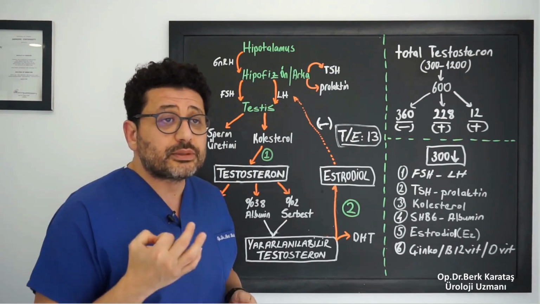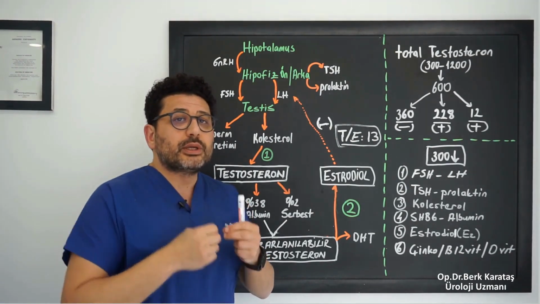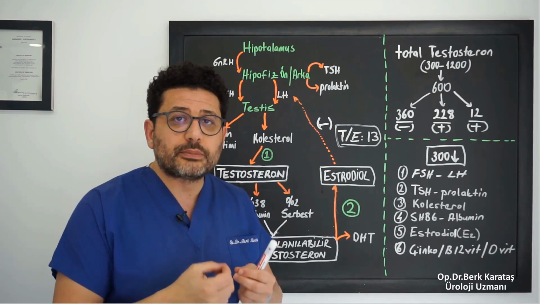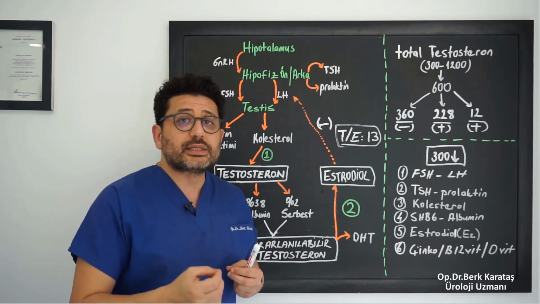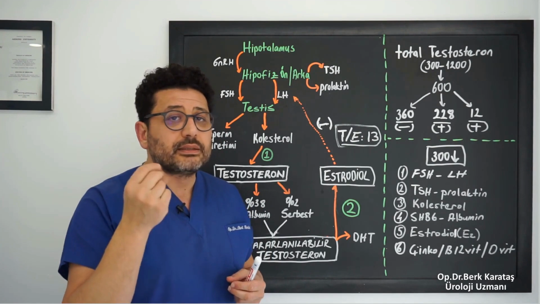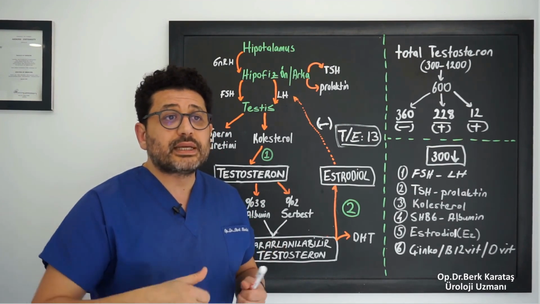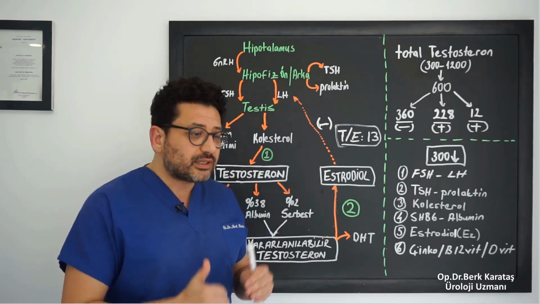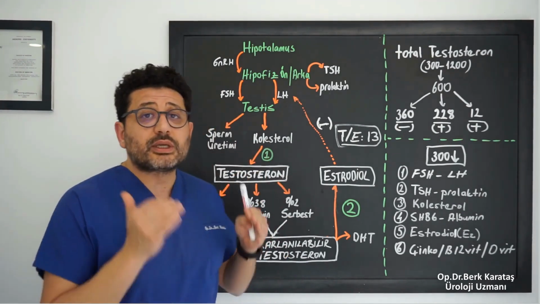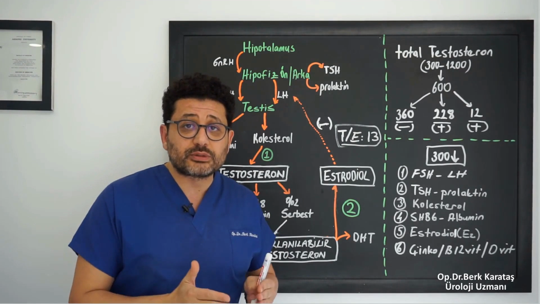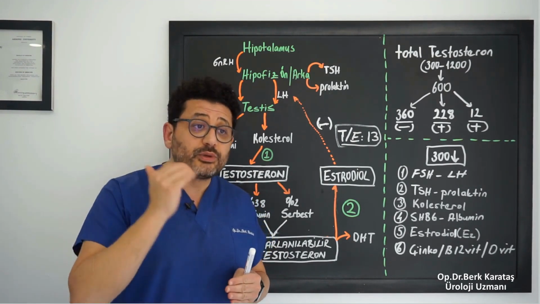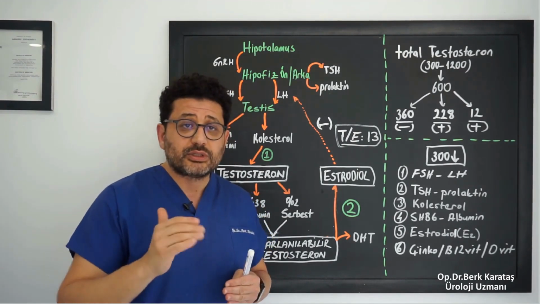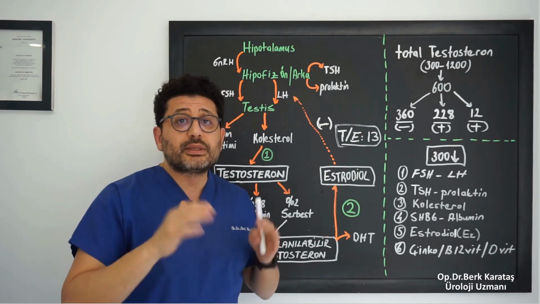And please, don't forget, if someone tells you that you need to take testosterone hormone, the question you should ask 99% of the time is this: will I take it for life? If they say you won't be taking it for life, then there's a problem with this. Because this system is not functioning, you should only take testosterone. And therefore you should take it for life. You can't just take it for a month or two and see what happens.